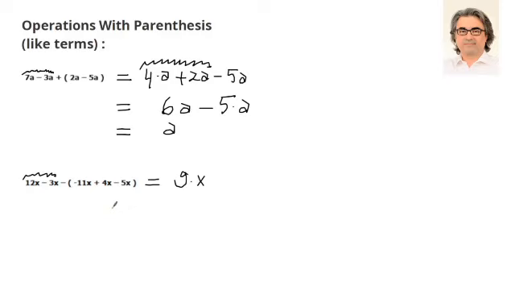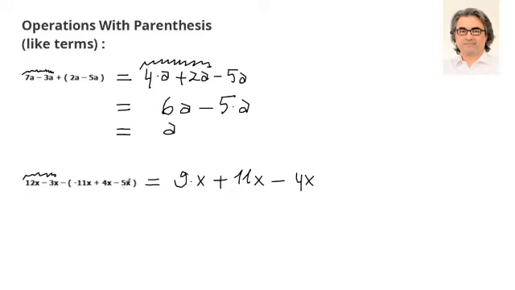To remove the parenthesis, I should change the signs of the terms inside of the parenthesis. It means in parenthesis I have minus 11x, I write here plus 11 times x. After that I have plus 4 times x in the parenthesis, so I should change this sign to minus 4 times x.